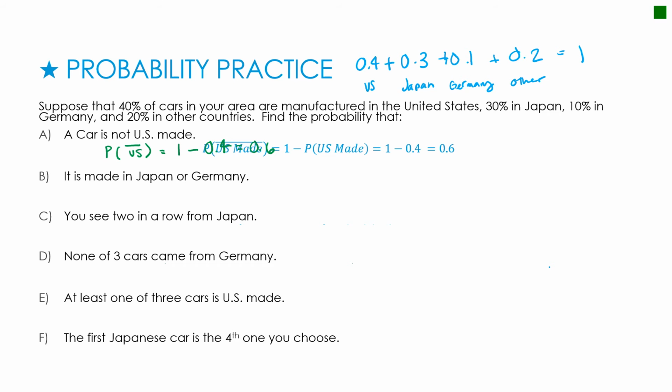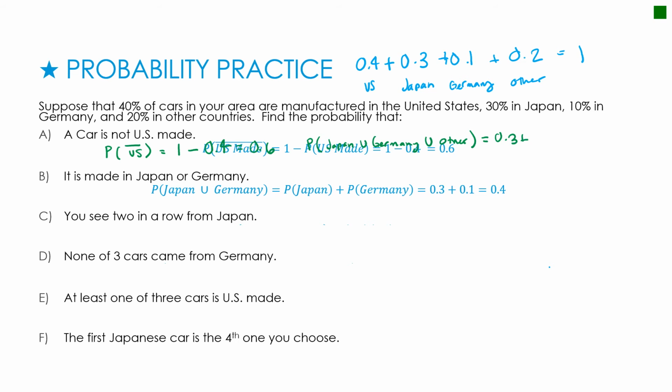The other way, of course, is to take the probability of Japan union Germany union other, and add all of those together. So 0.3 plus 0.1 plus 0.2, and guess what? I get the same answer, but I had to do some extra work.